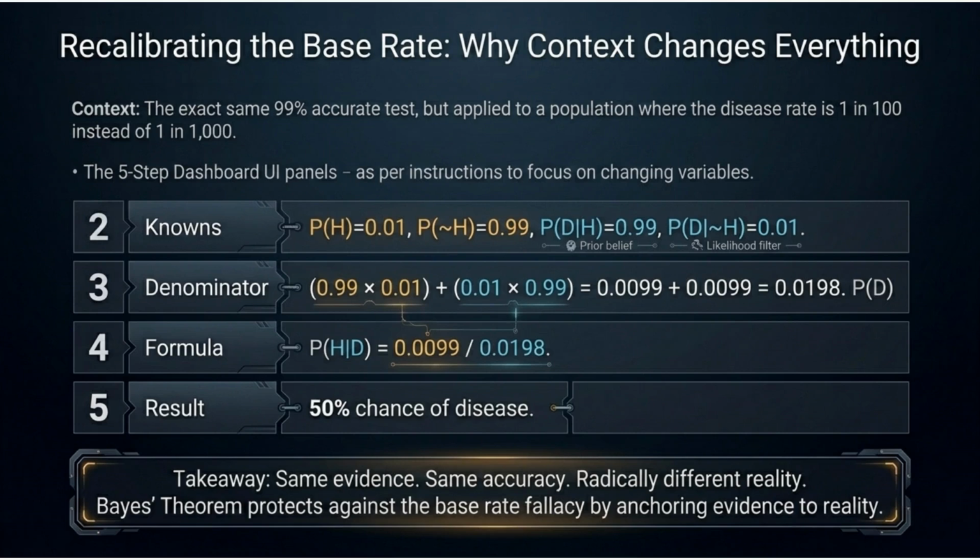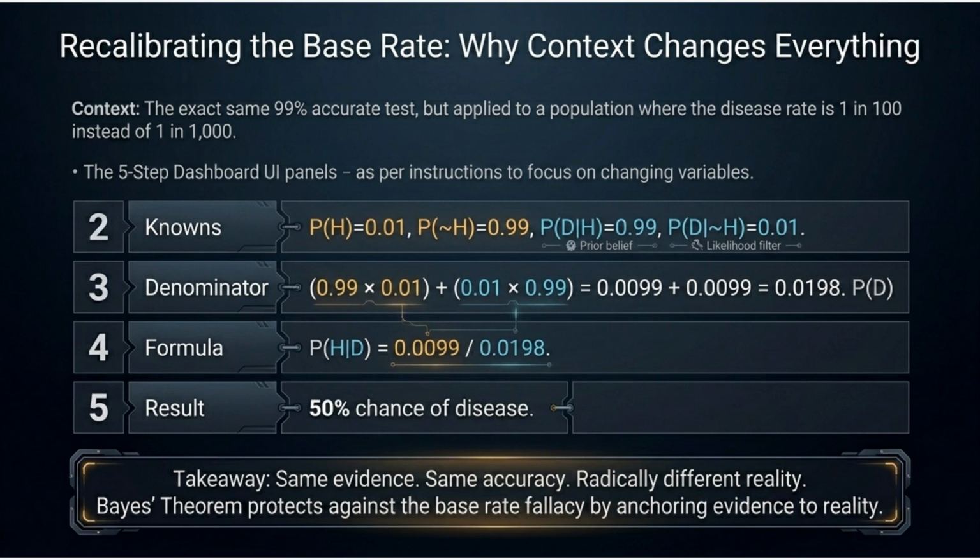Same test, different base rate. Disease prevalence is now 1 in 100, instead of 1 in 1,000. Knowns, P of H equals 0.01, P of not H equals 0.99, likelihoods unchanged at 0.99 and 0.01. Denominator, 0.99 times 0.01 plus 0.01 times 0.99 equals 0.0099 plus 0.0099, totaling 0.0198.